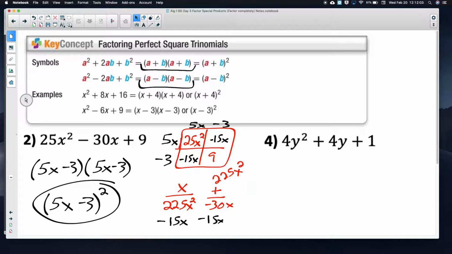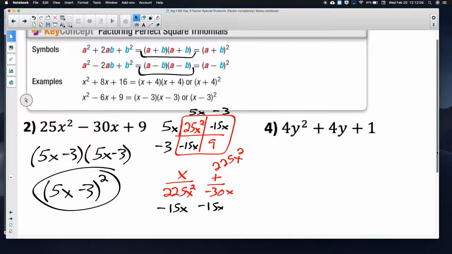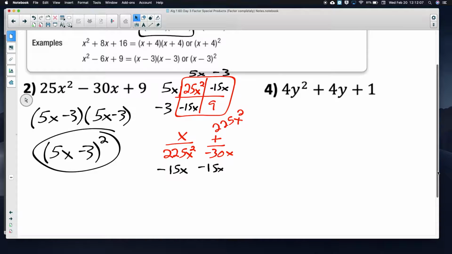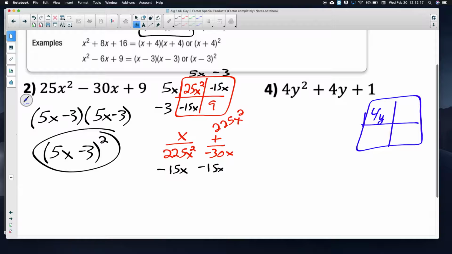Now if we go to number 4, I'm going to give myself a little bit more room here. I don't have to necessarily use the pattern up above. Instead I can use a box. Box is always going to work. I've got 4y squared and 1. So they multiply together to give me 4y squared, and they add to give me that middle term of 4y. So what two things multiply to 4y squared and add to 4y?